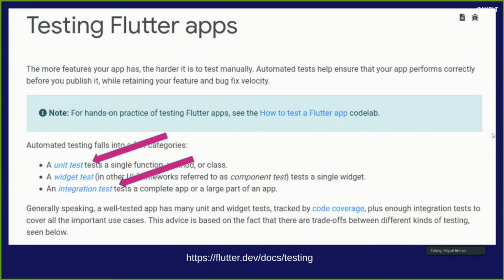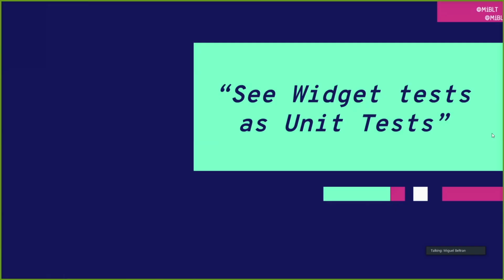In my opinion, here the Flutter documentation is contradicting what Google said on that blog post with a definition of what an integration test is. The main idea I want to share is that you should treat widget tests as unit tests and write as many of them as you can.